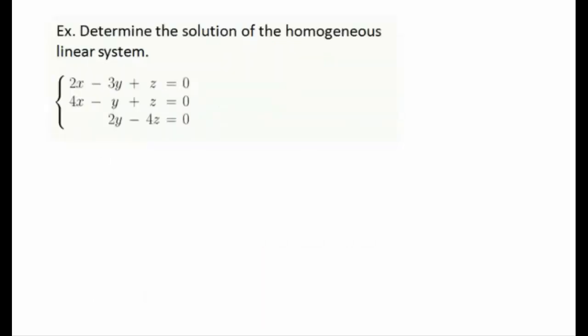So let's go ahead and solve a couple homogeneous systems so you can see how they're solved and how we label them. Just like before, the first thing we're going to do is transfer our linear system into its augmented matrix.